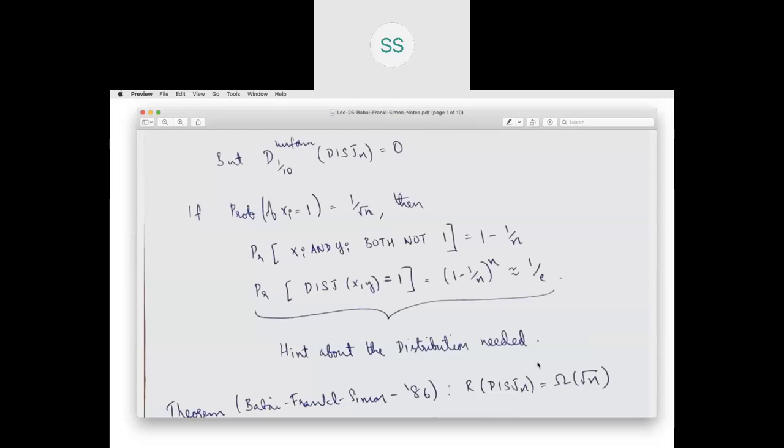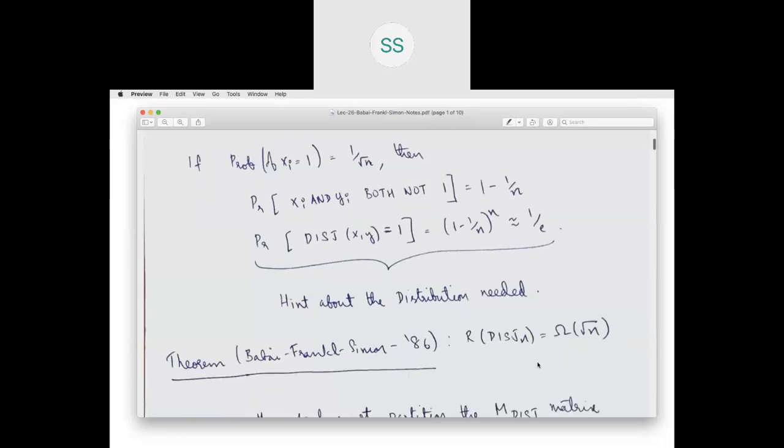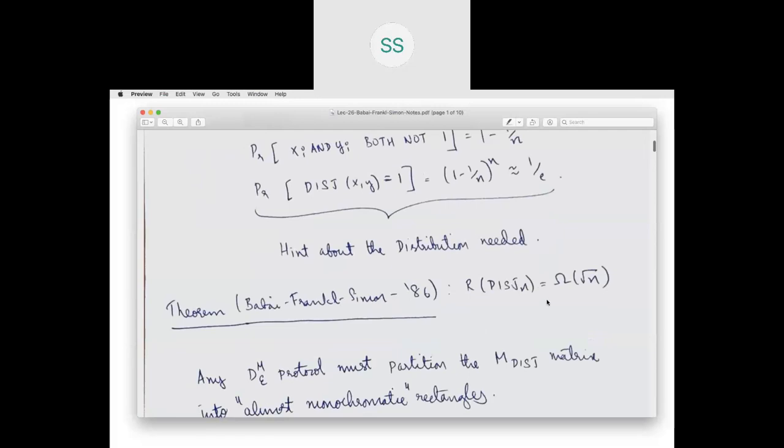This gives us a hint towards what distribution is required. In the Babai-Frankl-Simon theorem, we will use a distribution inspired by this. This is the formal statement of the theorem: the randomized complexity of disjointness is at least square root n.